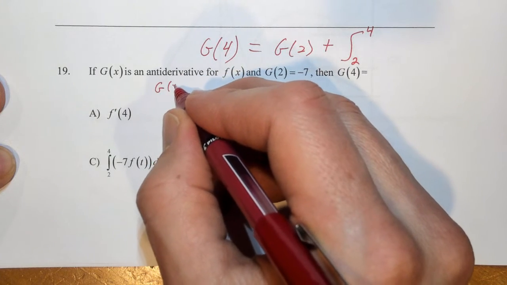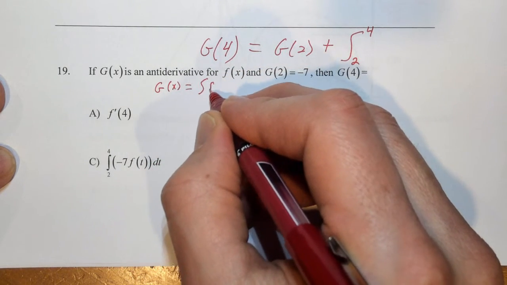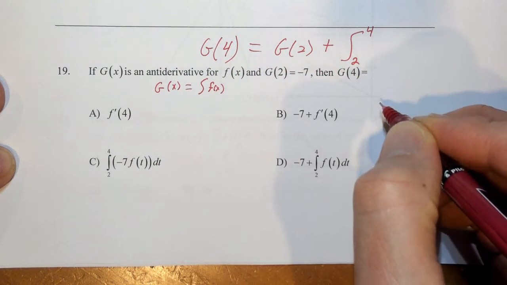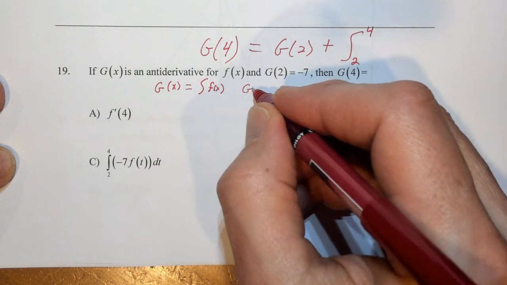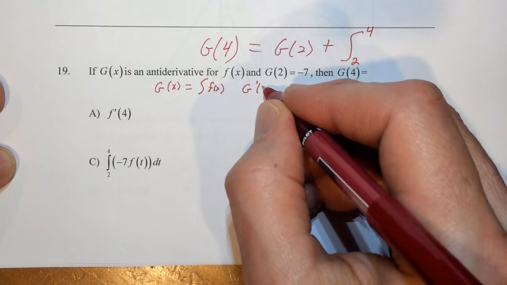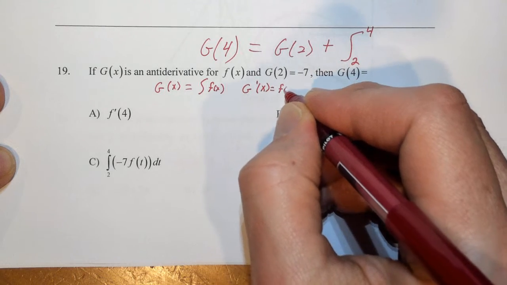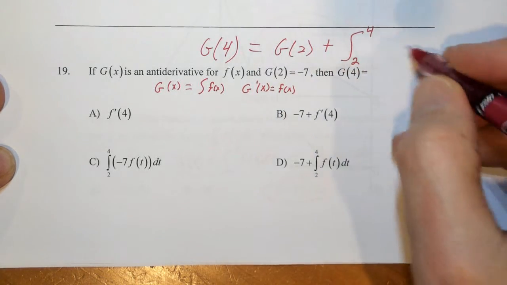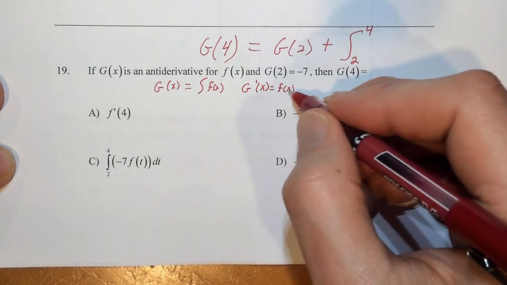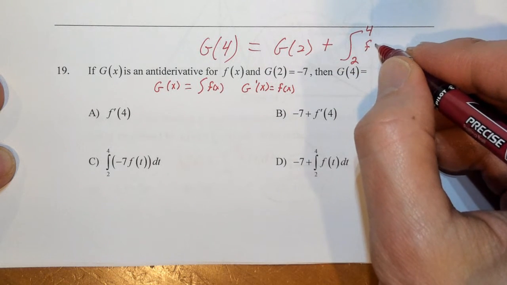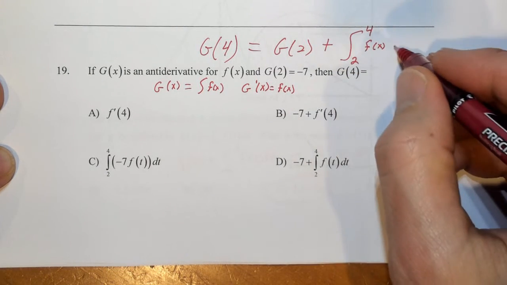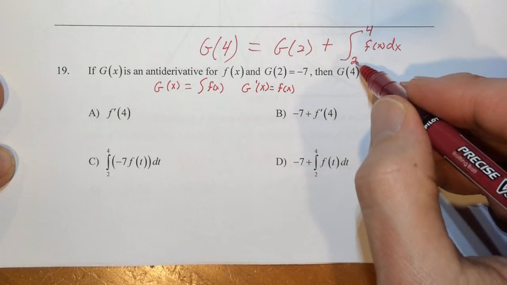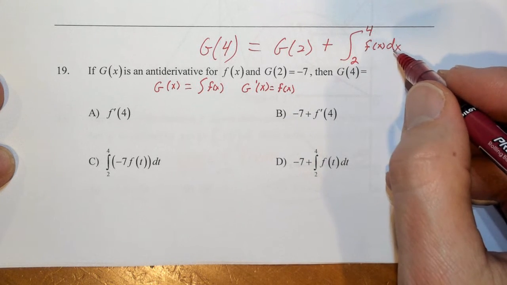In other words, putting that into math, we have that statement, which also means that big G prime is equal to f. So if we want the change, we want G prime. Another way of writing G prime is just f. So we need an integral from 2 to 4 of f of x dx.